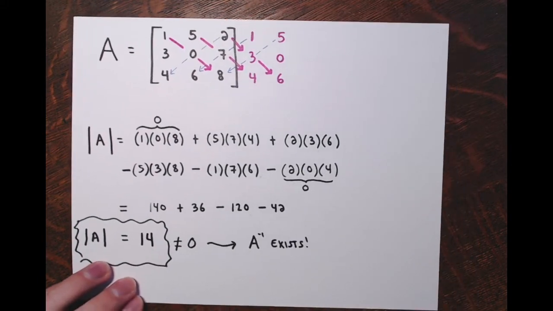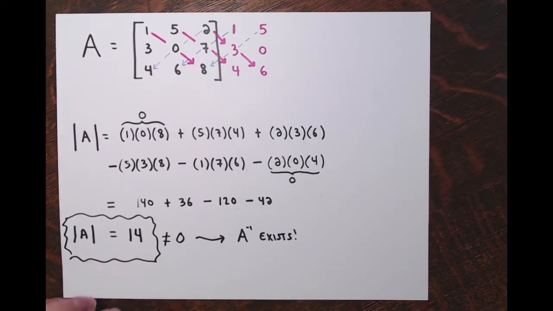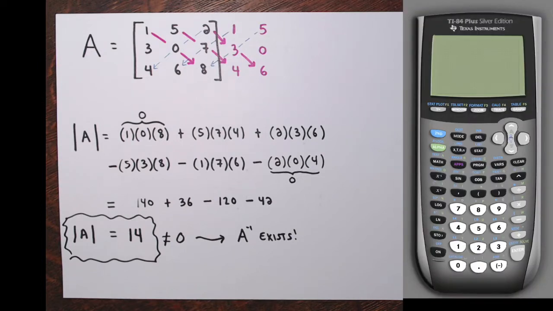All right, and let me double check that. I'm going to bring up the calculator. Enter this 3 by 3 matrix. Let's go to matrix A again. So we had 1, 5, 2 in the first row, 3, 0, 7, and 4, 6, 8.